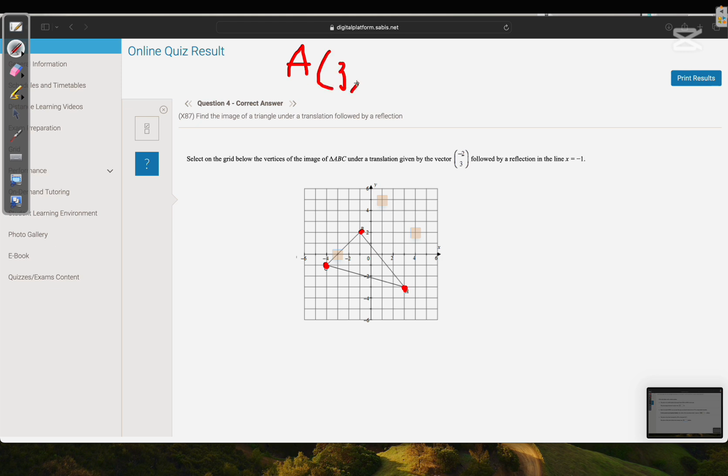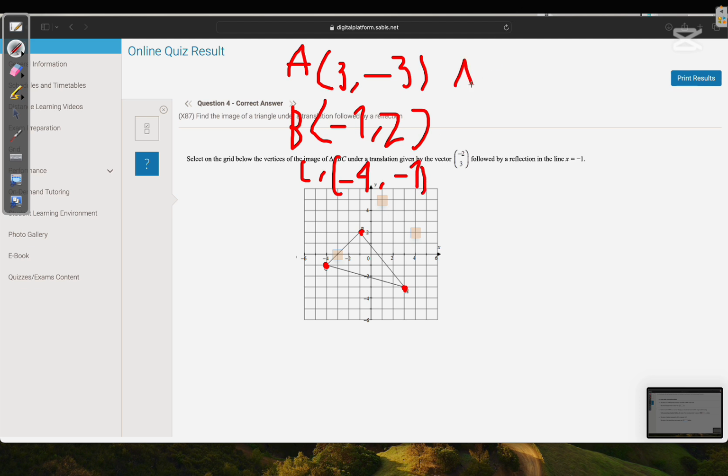Then B is, wait, no. B is here, which is negative 1, 2. And C is negative 4, negative 1.